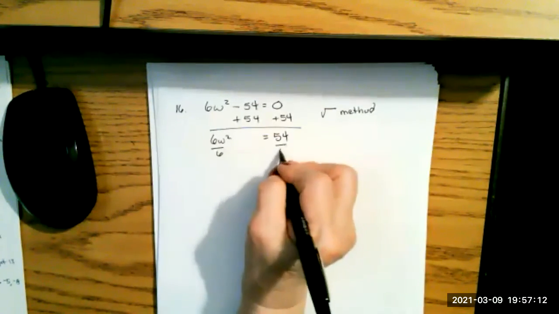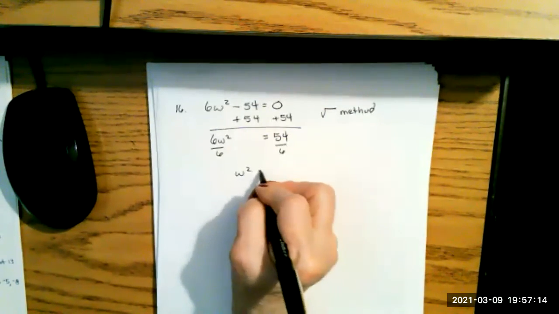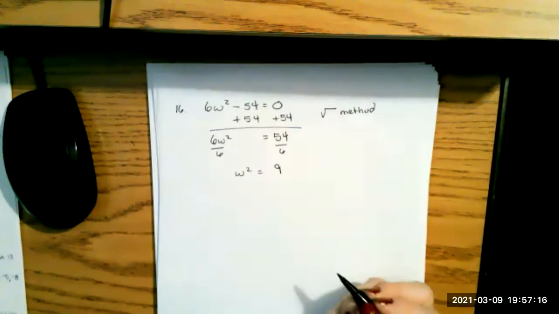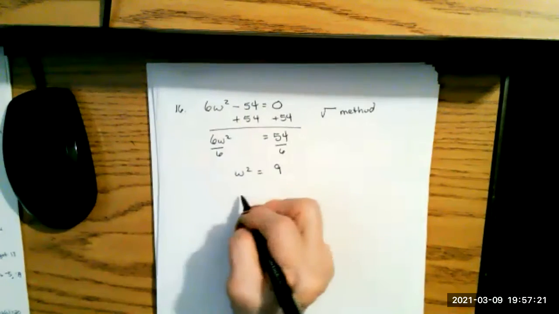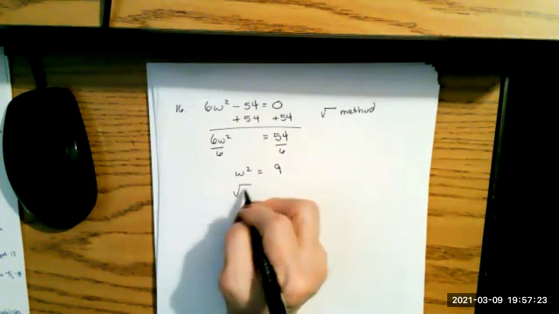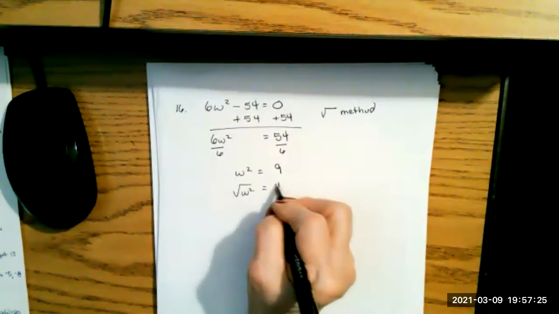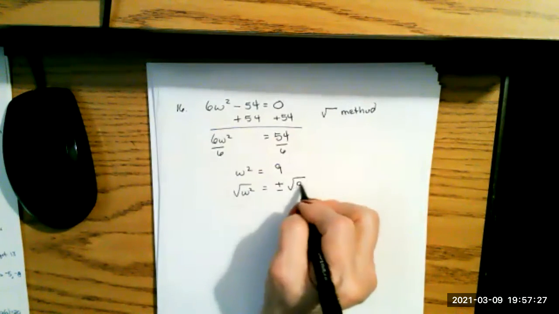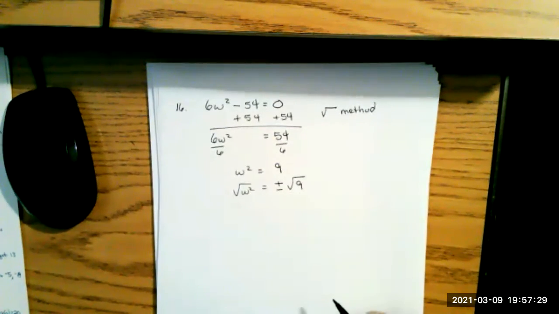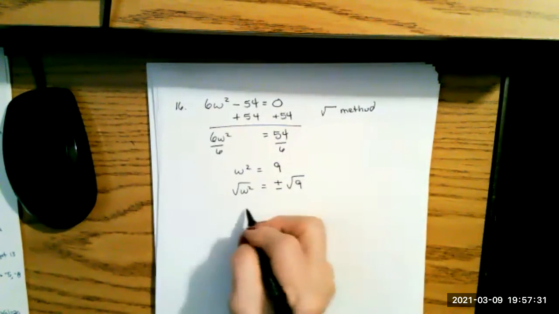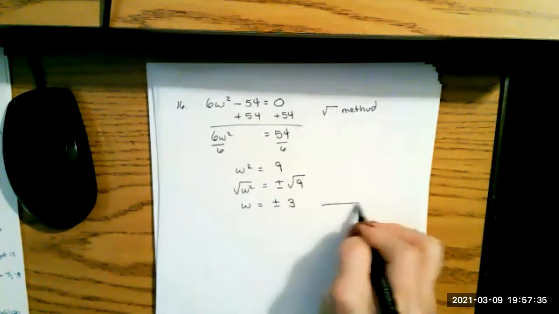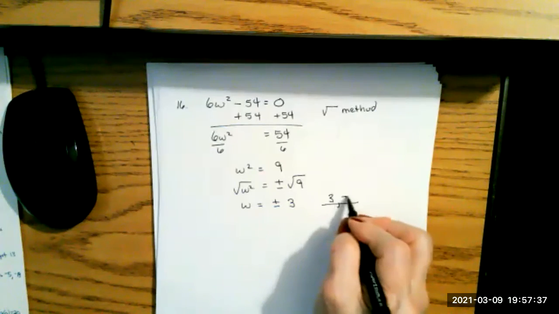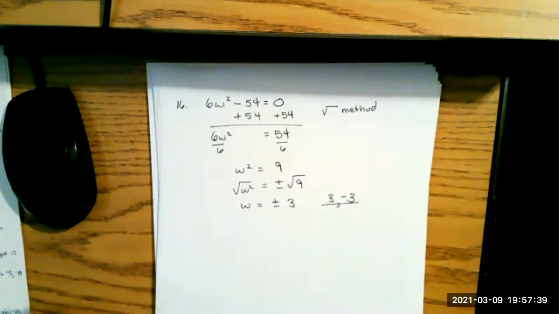Divide out your 6, and you'll get w squared equals 9. I could subtract the 9 and factor it into +3 and -3, but I'm going to take the square root of both sides. Square root of w squared equals plus or minus, don't forget the plus or minus, the square root of 9. This side is just w. This is plus or minus 3. So I would have 3, -3 in my blank.